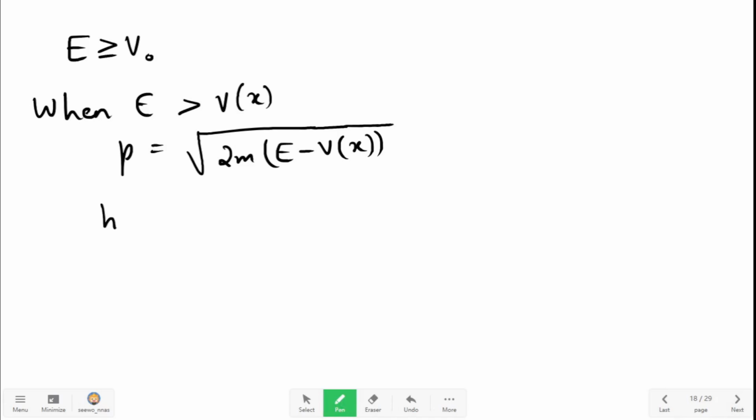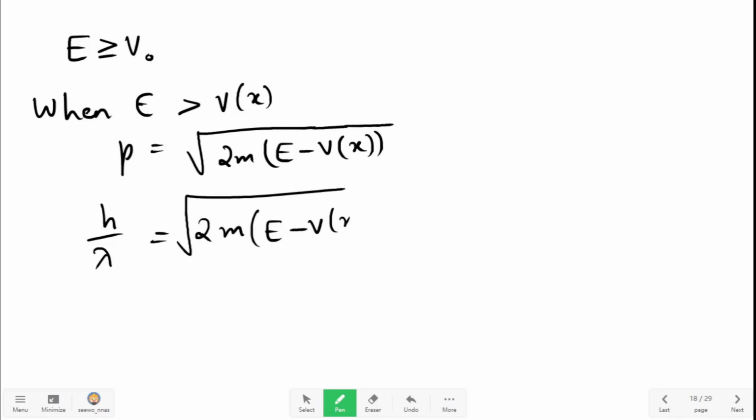Now P is h by lambda. This is equal to the root of 2m times (E − V(x)). Now when V(x) is small, E minus V is large.